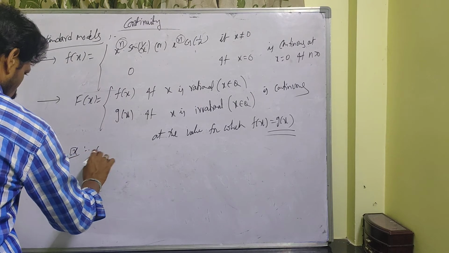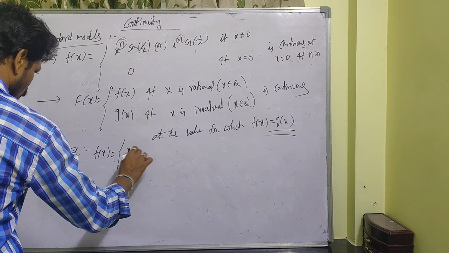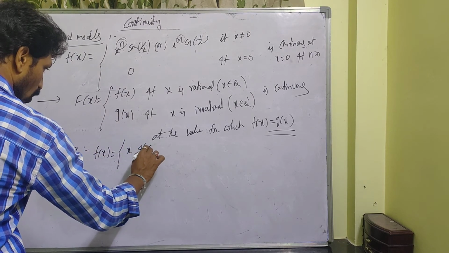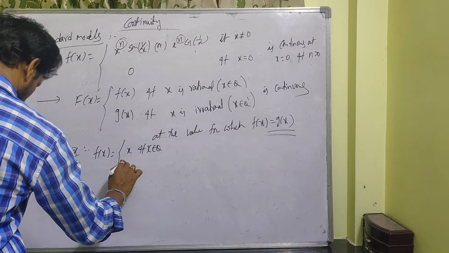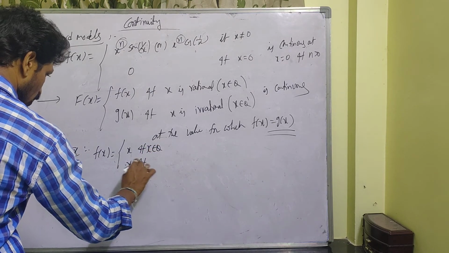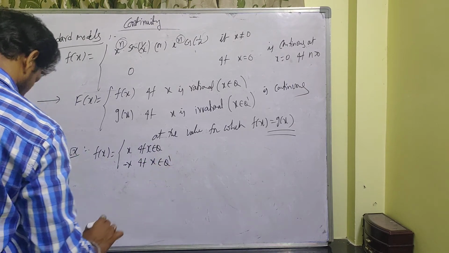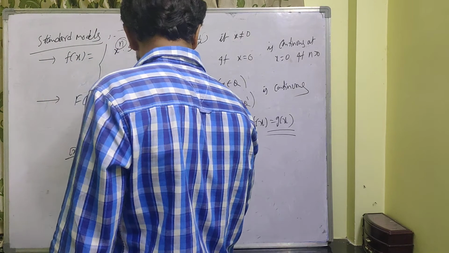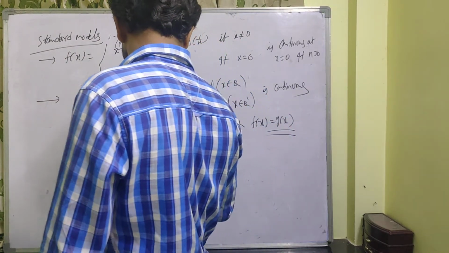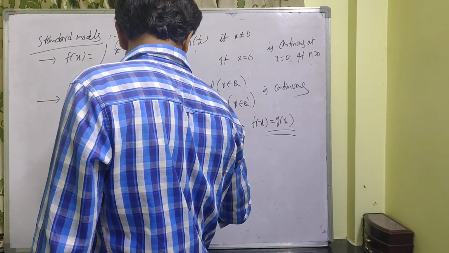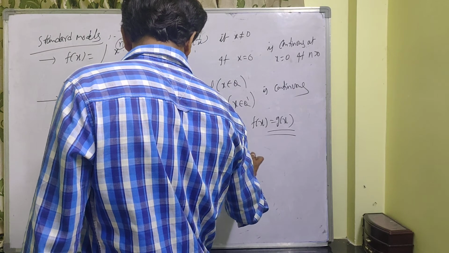For this, take one example. Example 1: f of x is equal to x if x belongs to Q, and minus x if x belongs to Q dash, is continuous at x is equal to what?